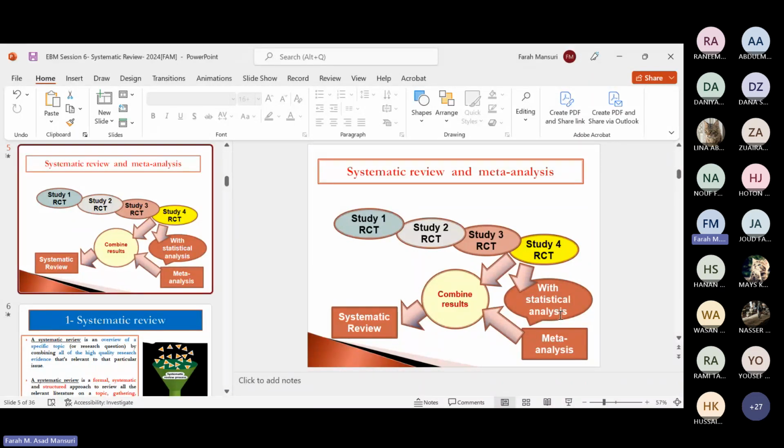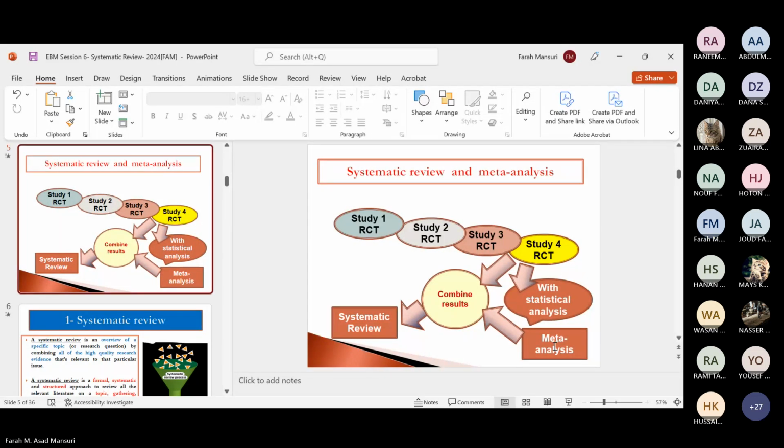But if you apply the statistical analyses, that is meta-analyses, then again we are combining the results, and this is published as a systematic review. I hope you understand this difference with meta-analyses and without meta-analyses.